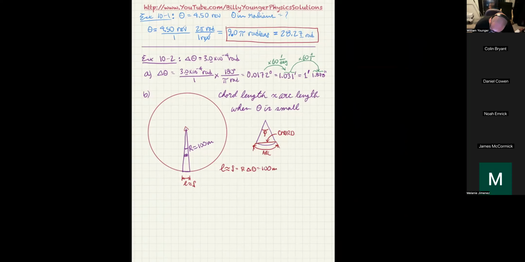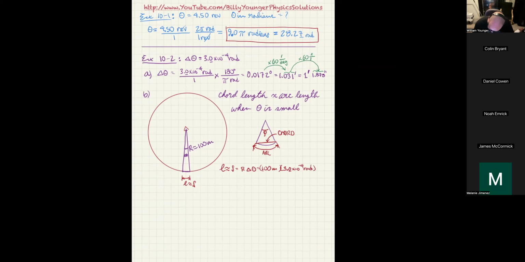Okay. So with that in mind, the result would be 100 meters times, now remember, in order for S equals R times theta to work, you actually have to have this in radians. You can't put it in degrees. So this is going to be 3.0 times 10 to the negative fourth radians.